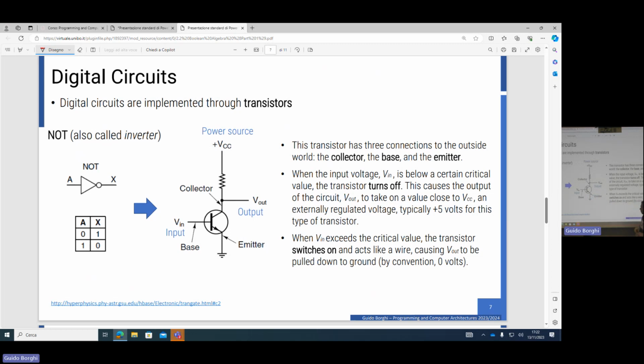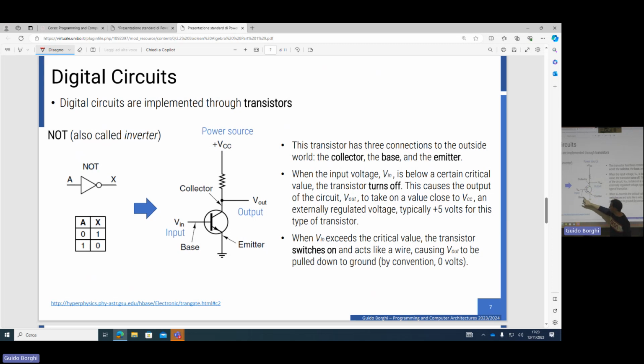And for example, just to understand the very general behavior, remember that digital logic gates have one or two inputs and an output. So here we have the output, here we have the input, and here we have the components that we have seen together in the slide about transistors, so the emitter, the base, the collector.